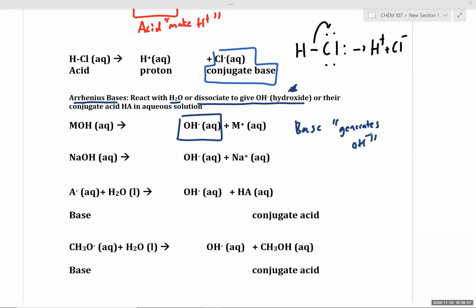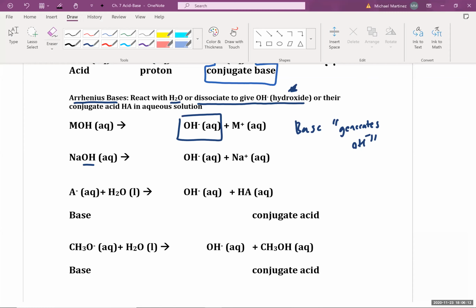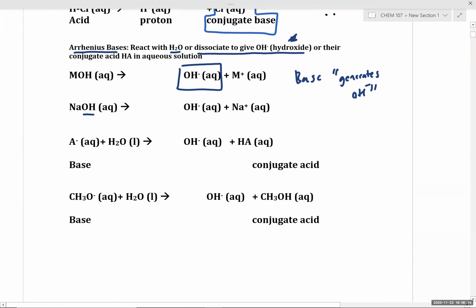So a classic example of this is a metal hydroxide like sodium hydroxide, which dissociates in solution to yield hydroxide and sodium plus. Now, another example of a base would be an anion such as methoxide.